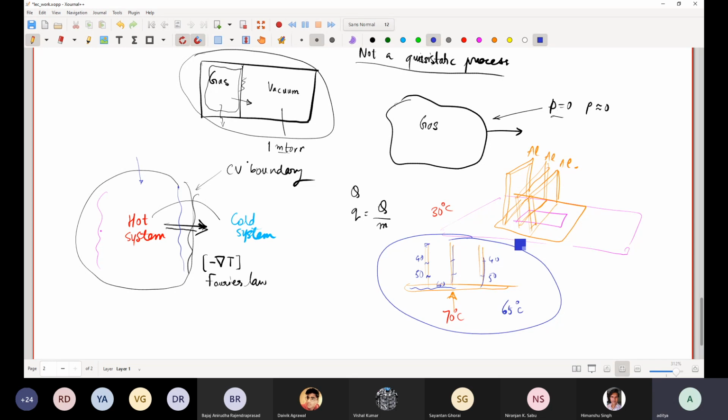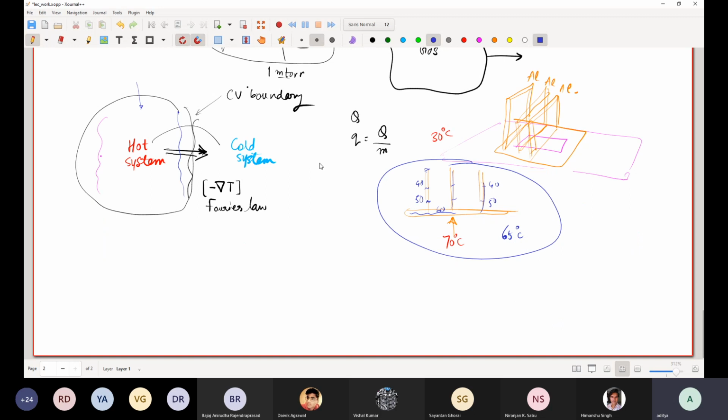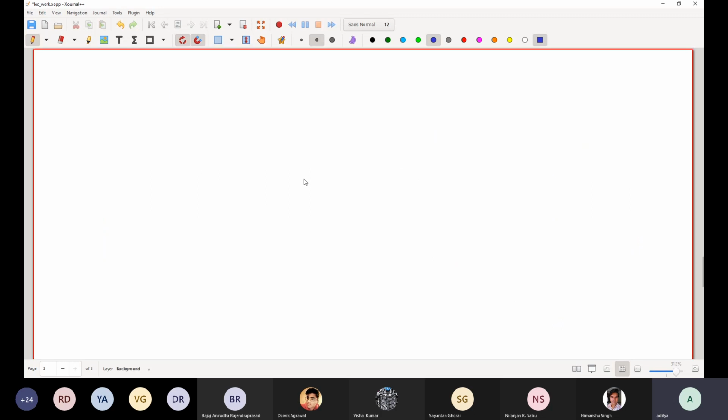So we've come to the end of chapter 4, and now we will do a few problems before we move on to the first law. First law for a closed system, that is. So let's first do the example problem, because then you can also look it up in the book.